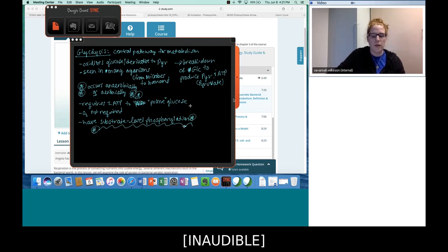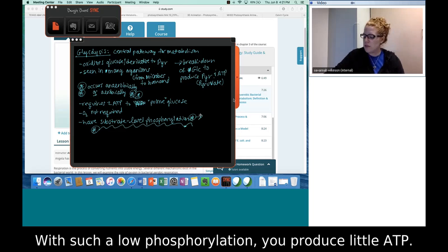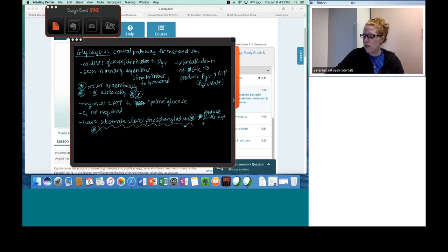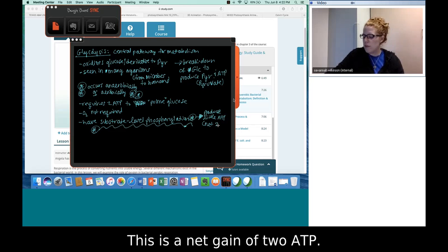Okay. But with substrate level phosphorylation, you produce little ATP, specifically a net gain of 2 ATP.